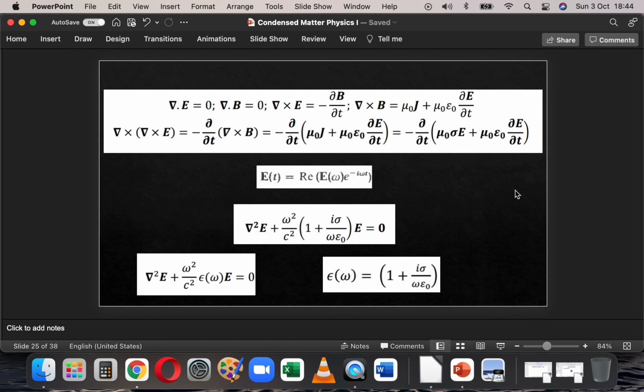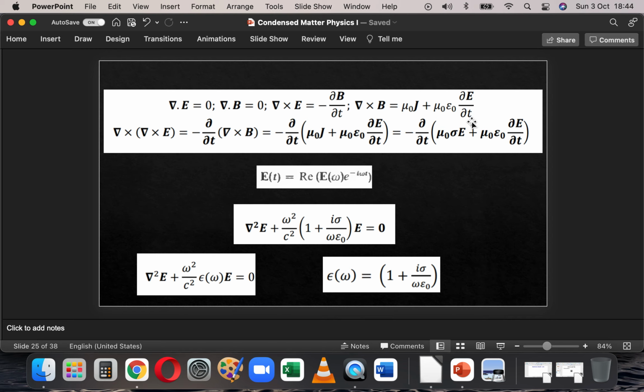Now we use the standard set of Maxwell's equations, and we will derive the wave equation from this, and for this kind of an oscillatory electric field, we will end up getting this form of the wave equation. And please recall here this J is basically sigma E, so that's where the sigma comes in.